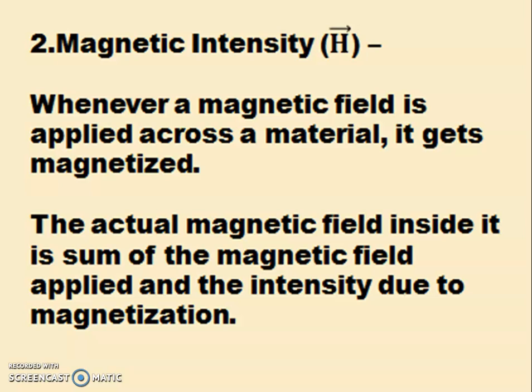Whenever a magnetic field is applied across any material, it gets magnetized, as we know. The actual magnetic field inside it is the sum of the magnetic field applied and the intensity due to the magnetization.